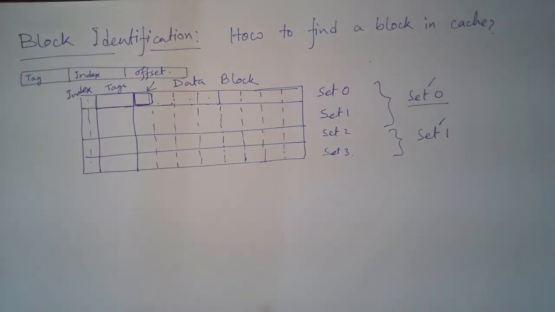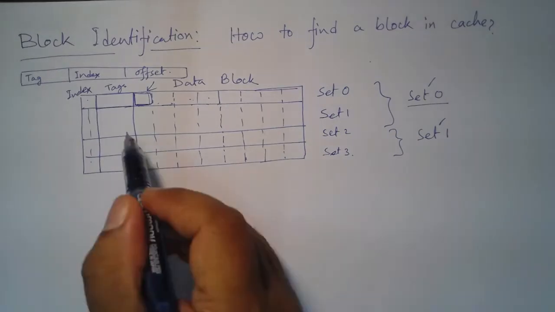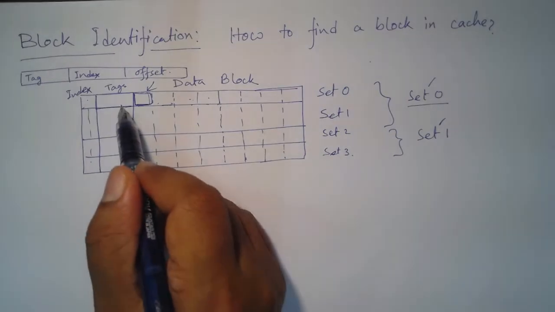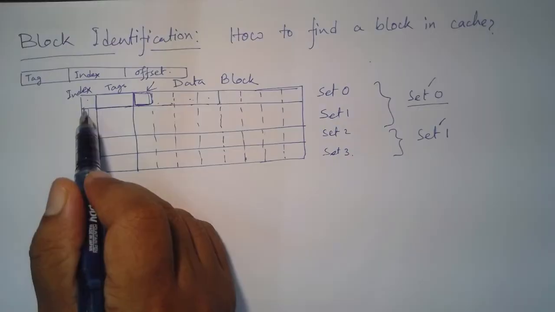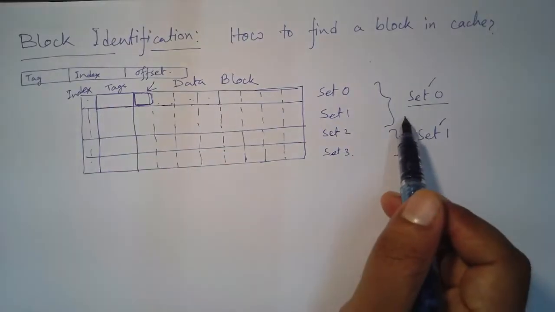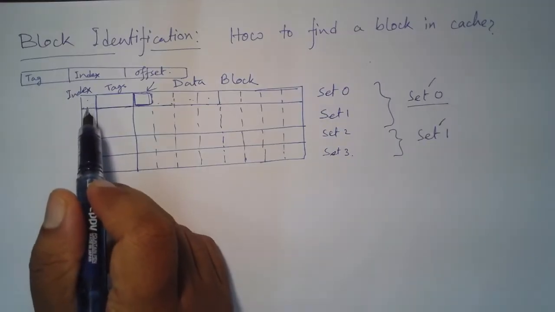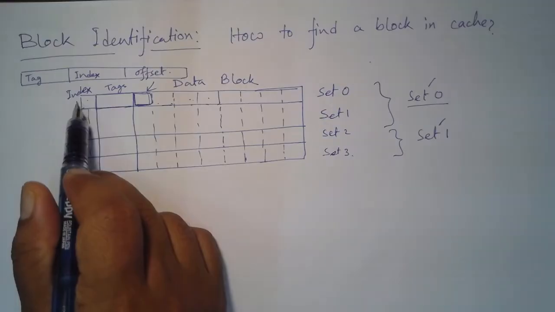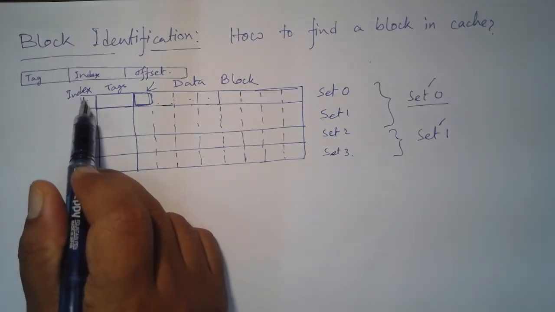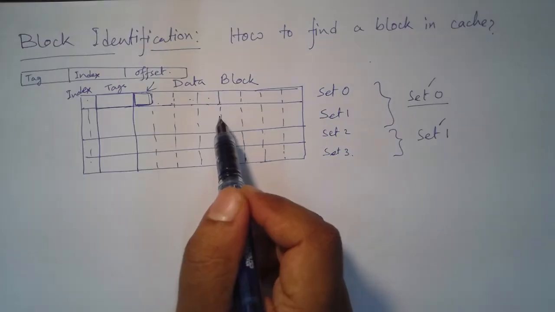So the tag tells us at a broad level the block address, and the tags will be the same for blocks in the same set. To identify which particular block in the set you are looking for, that is done by the index, and then the offset tells us which particular data you are looking at.